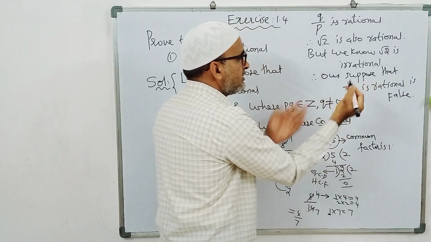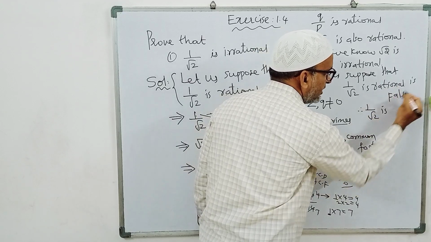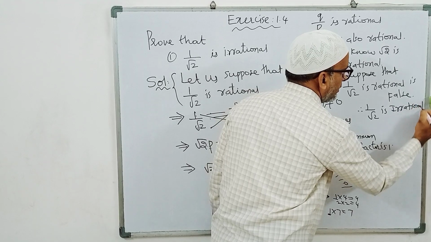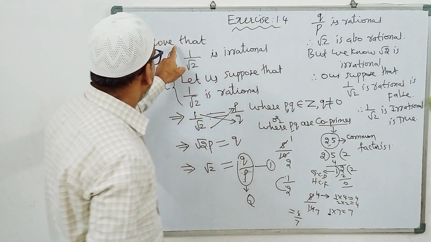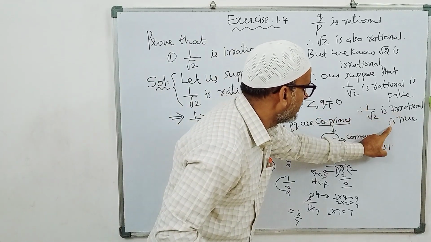This is false means irrational is true. So what we have to prove? Prove that 1 by root 2 is irrational. Therefore 1 by root 2 is irrational is true.